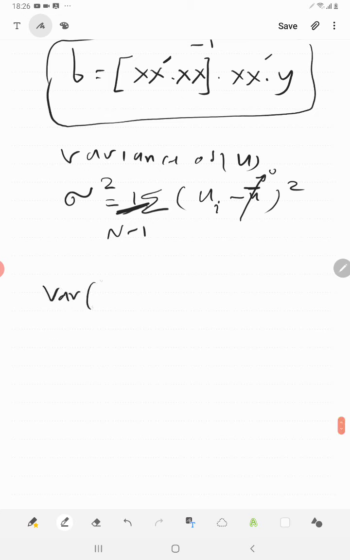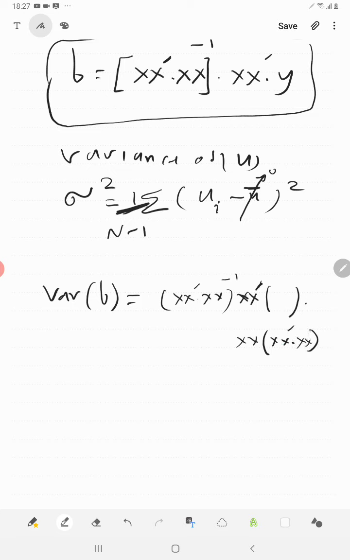Variance of matrix B is equal to: we take (X transpose times X), we invert that, now times X transpose, times something I'll tell you about, times X, then (X transpose X) inverse.